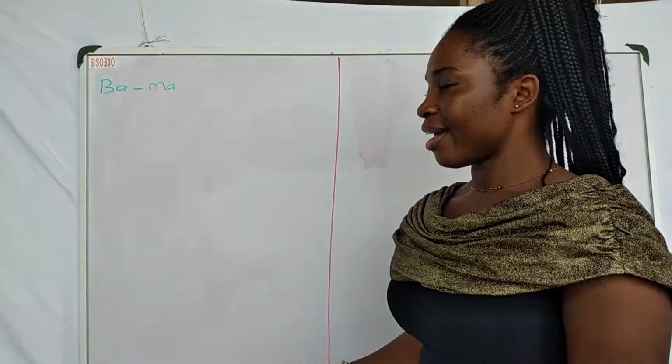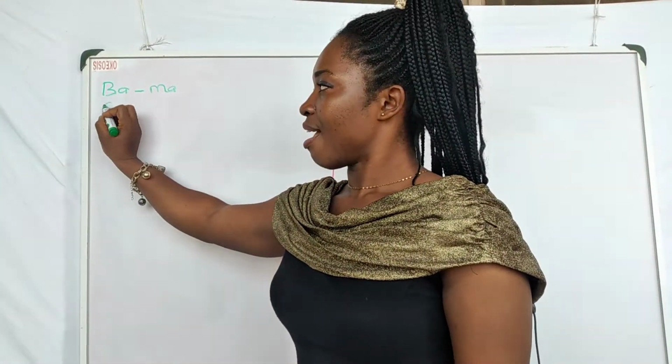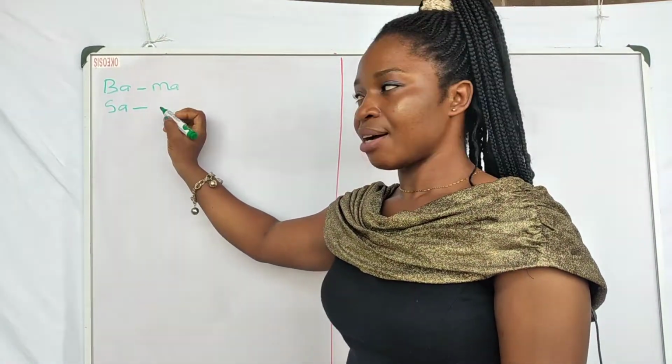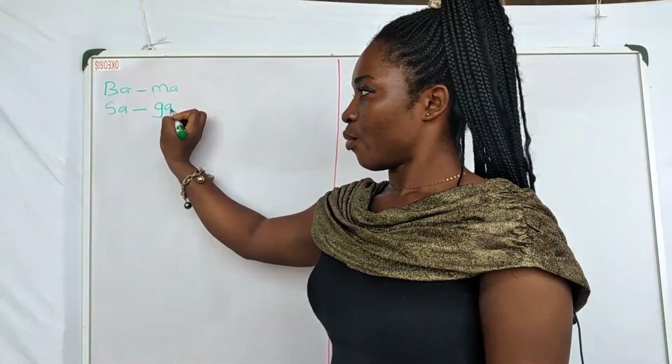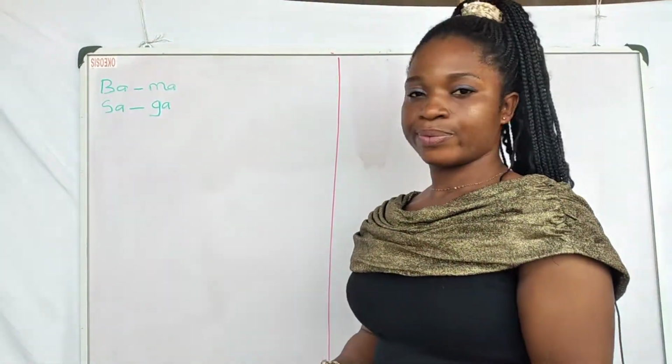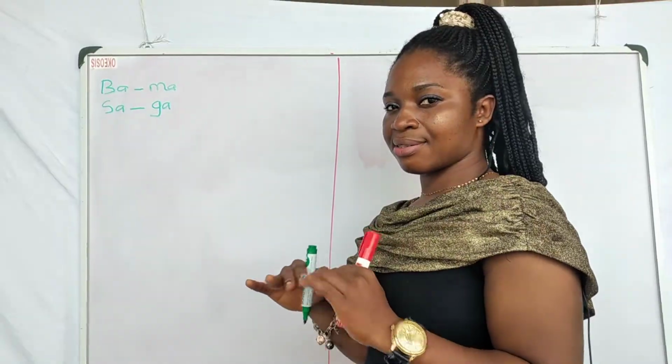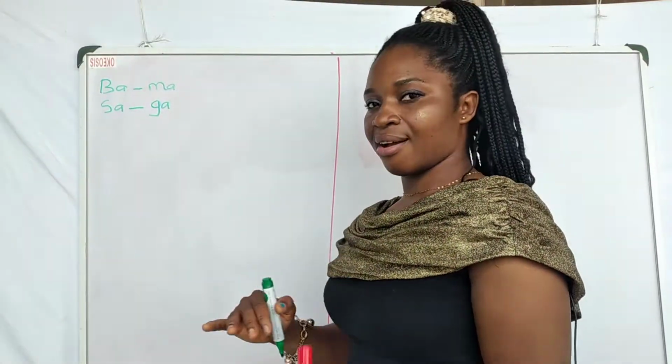Again, you can have, say, SA and let's have GA. So for this one, we know this as sa, and this is GA, ga.